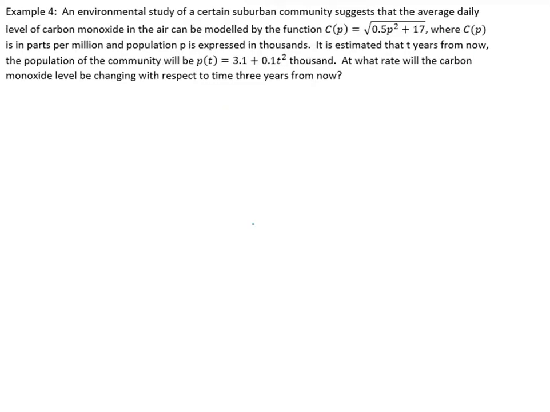Okay, example 4. An environmental study of a certain suburban community suggests that the average daily level of carbon monoxide in the air takes the form of this equation right here. I'm not going to write it like that. 0.5 p squared plus 17.